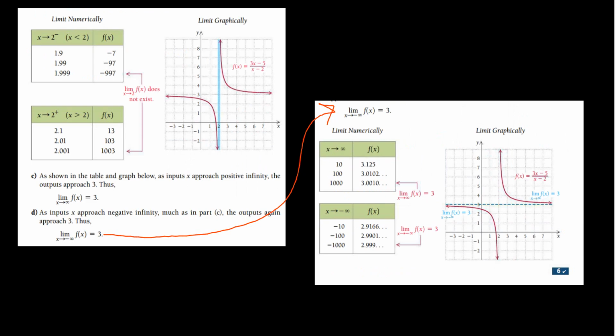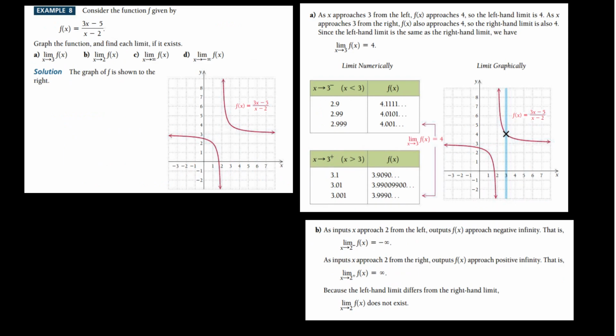I mean, I guess we can look at it, right? Where are we at? 3. And as we approach negative infinity, it appears that we are also getting to the number 3. So the limits for C and D do exist, and that limit is indeed 3.